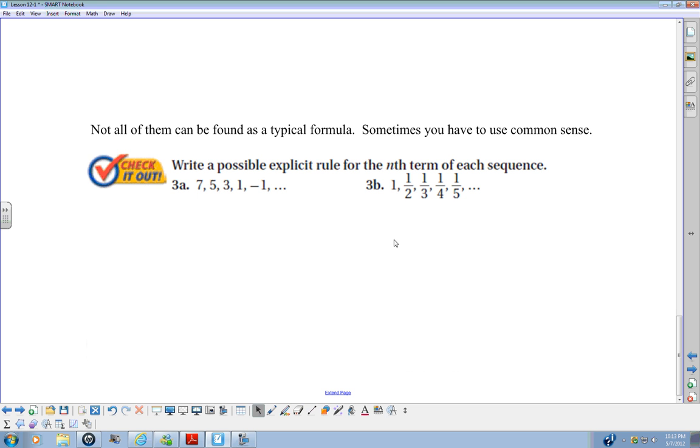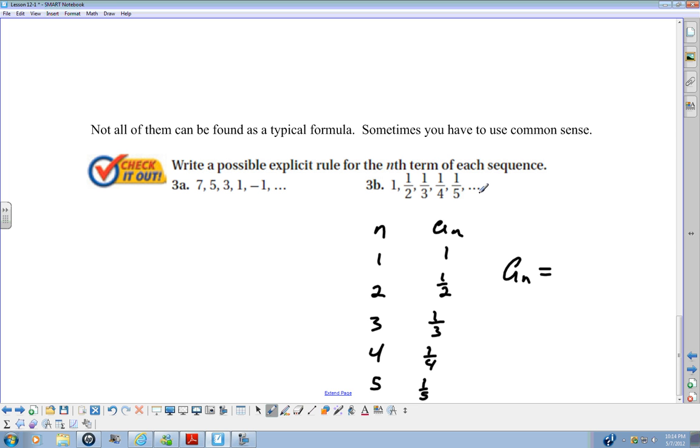And a table really helps you. So if we list our values of n, 1, 2, 3, 4, and 5, and our terms 1, 1/2, 1/3, 1/4, and 1/5. You can see in this case that there are no constant ratios or constant differences here.